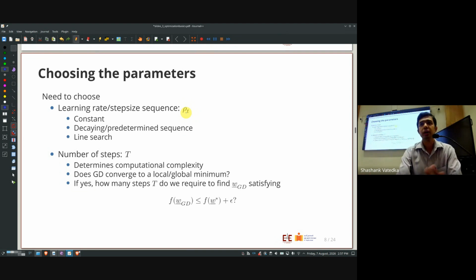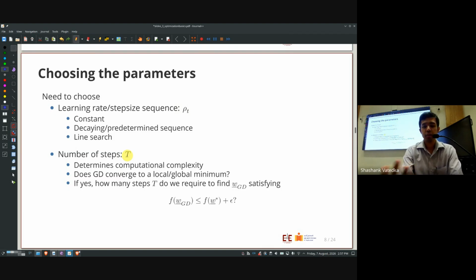If T is large, then your computational complexity also grows proportionally. That is also why choosing this learning rate carefully is important, because if you don't choose it appropriately, then you may not converge to the point of minimum or local minimum, and that could increase the number of steps that you need to take.